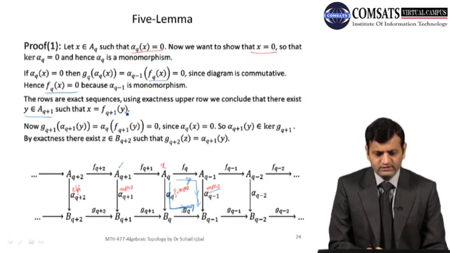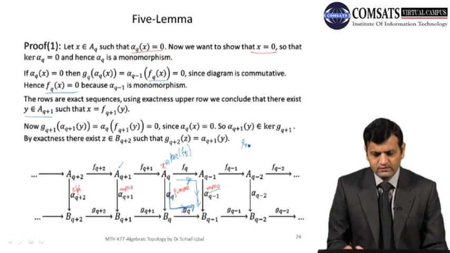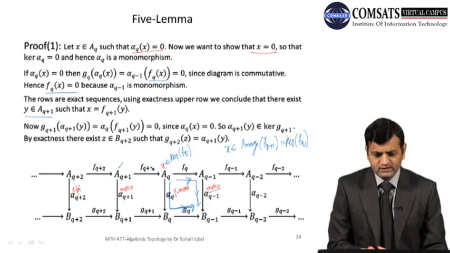Let me say again why this exists: x belongs to the kernel of f q, and according to our definition of exactness, the image of f q plus 1 must be equal to the kernel of f q. So x belongs to the image of this, which means there exists an element y belonging to A q plus 1 such that f q plus 1 of y is equal to x.